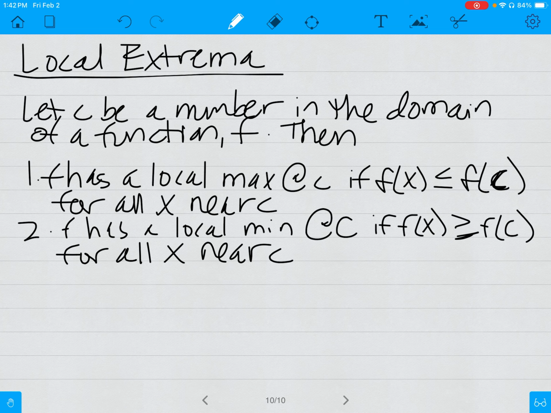And then basically a local max or a local min, those two things, local max, local min, those are what we mean by local extrema. Okay. And that's the definition.